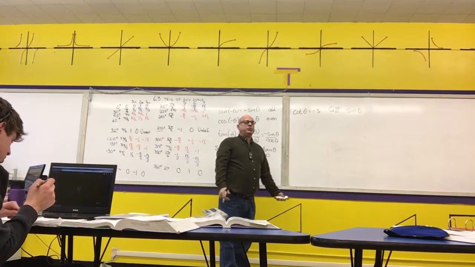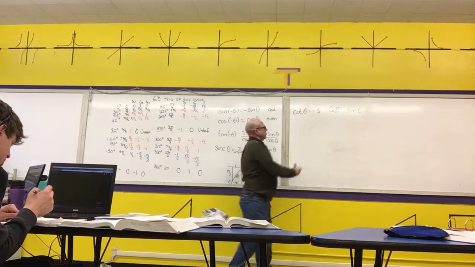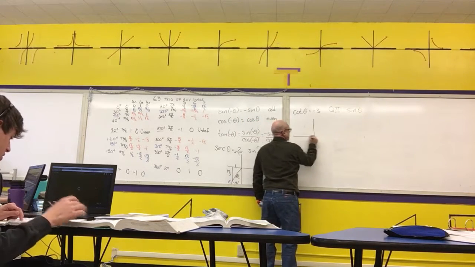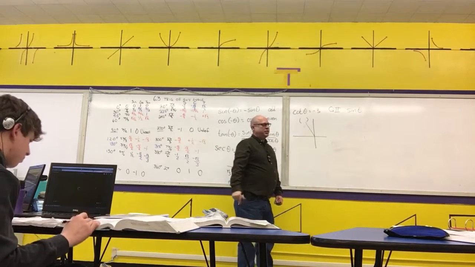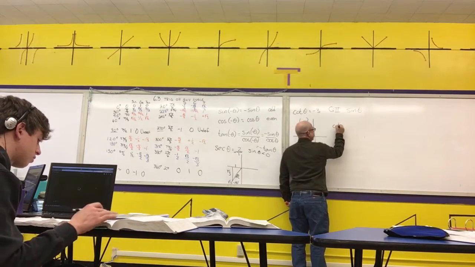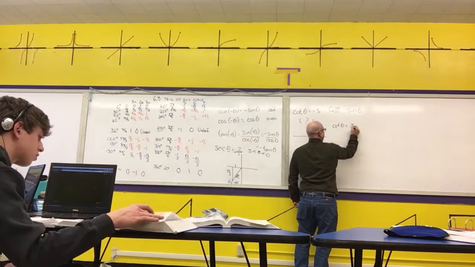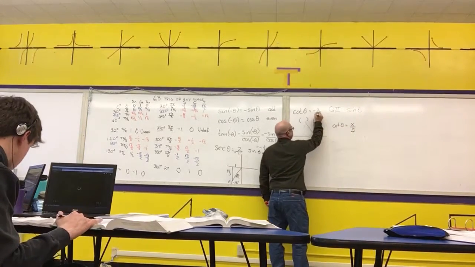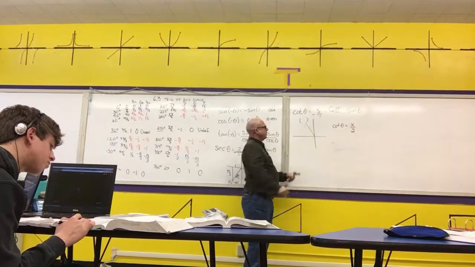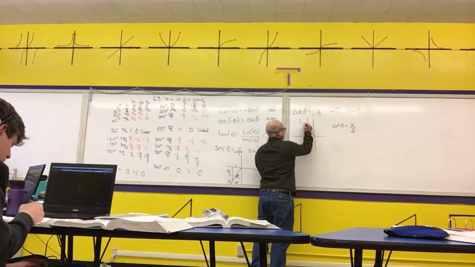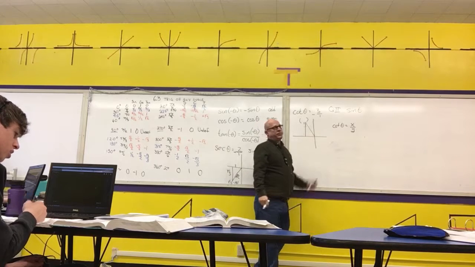So what I'm going to do is draw a quadrant 2 angle. My cotangent is equal to x over y. Think of this as -3 over 1. Which one of these, x or y, can be negative in this quadrant?